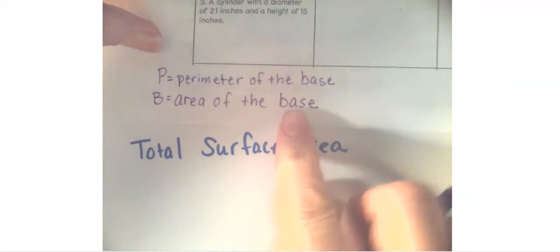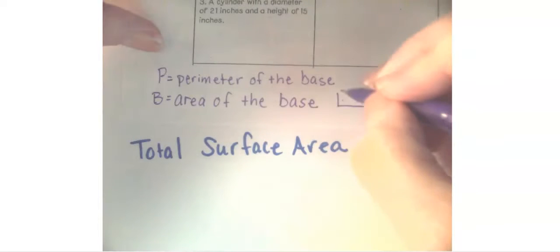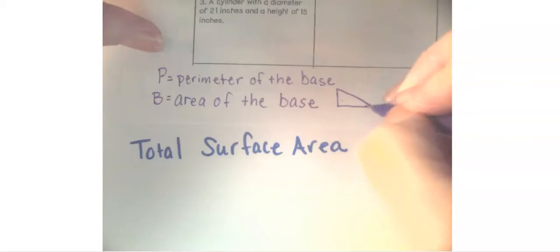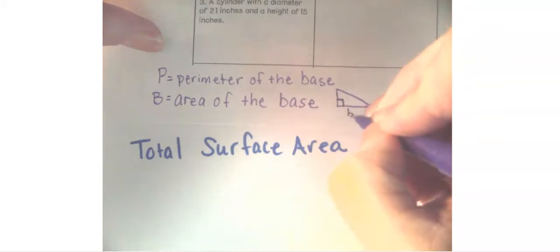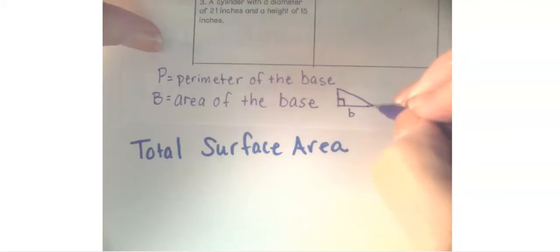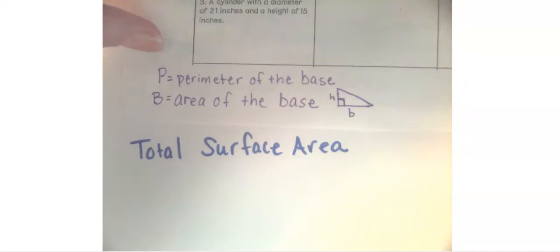Our base in this problem is a triangle. And the measurements of it, here's your right angle right here. This would be the bottom or the base of just the triangle. This would be the height of the triangle. The formula for that is 1/2 times the base times the height.